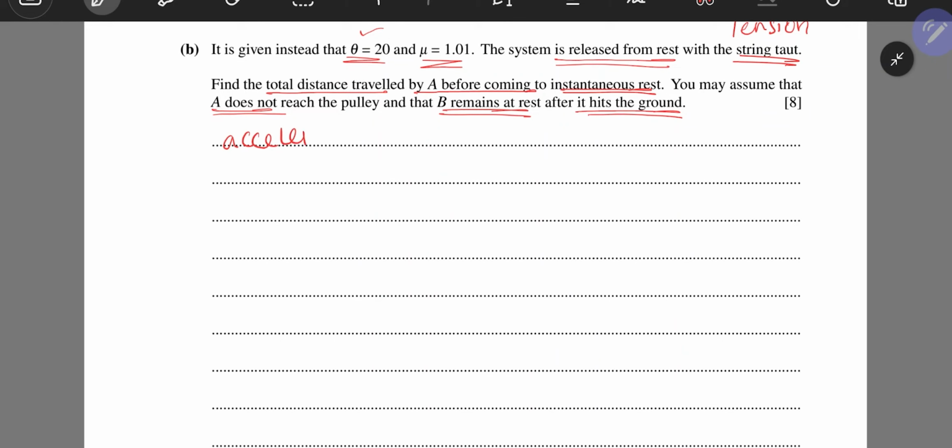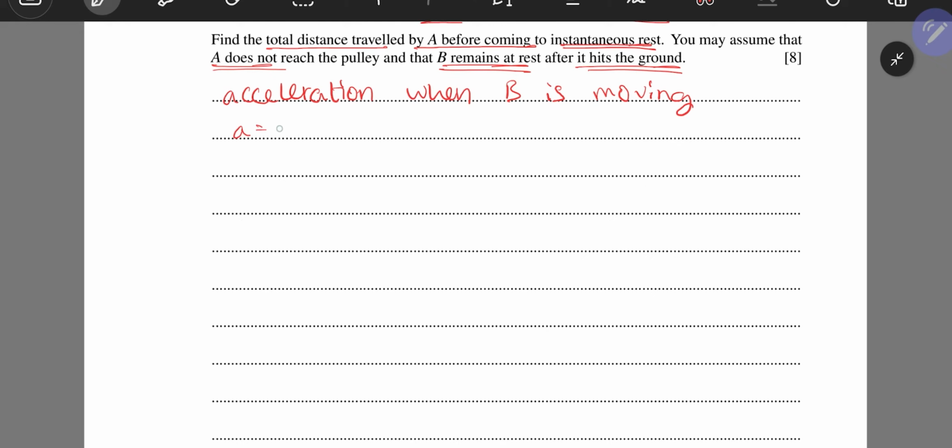Acceleration when B is moving. So let's think about it. F is equal to mass times acceleration, right?